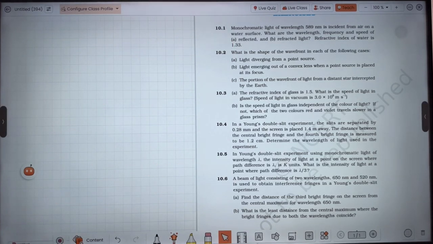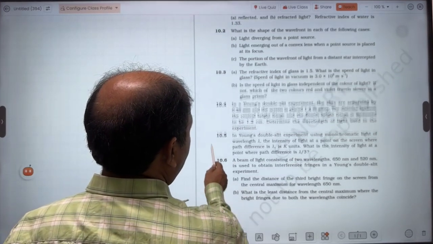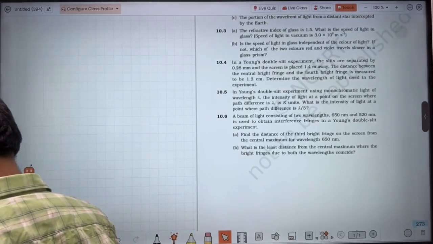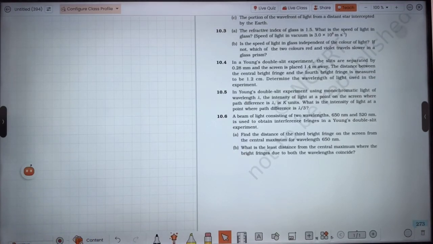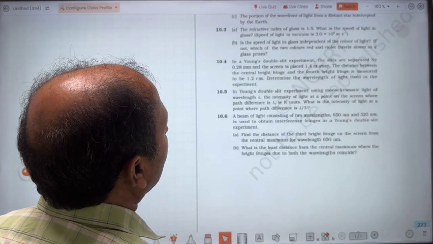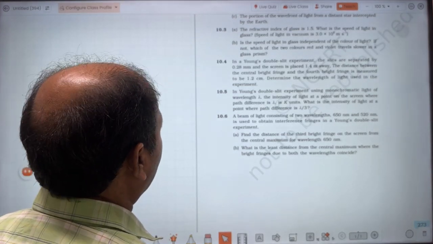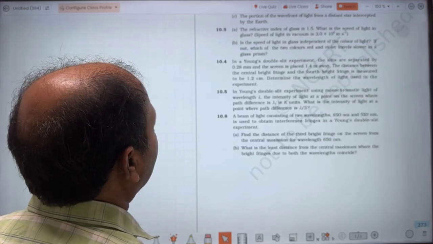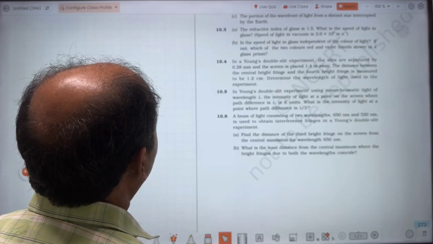Now there is another question. The next question says, in a Young's double slit experiment using monochromatic light of wavelength lambda, the intensity of light at a point on the screen where path difference is lambda is k unit.